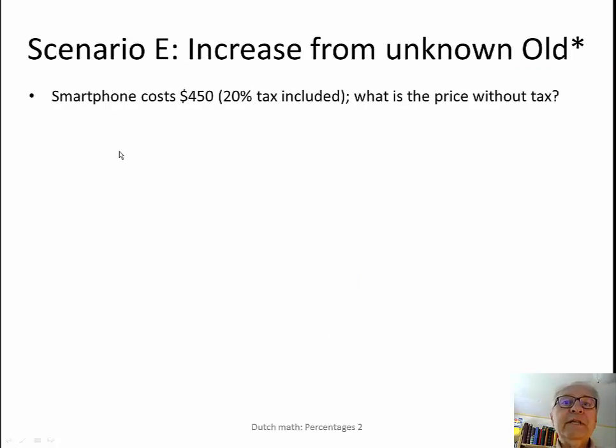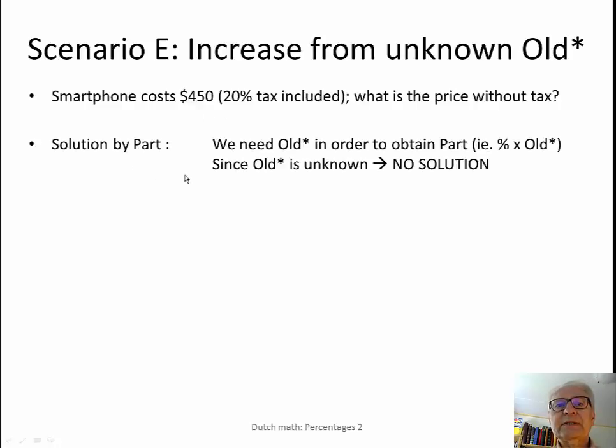Now we have a different problem, that is, you start with a known new value but an unknown old value. Solution by parts doesn't work because you need the old number to apply the percentage to, and you do not know that.